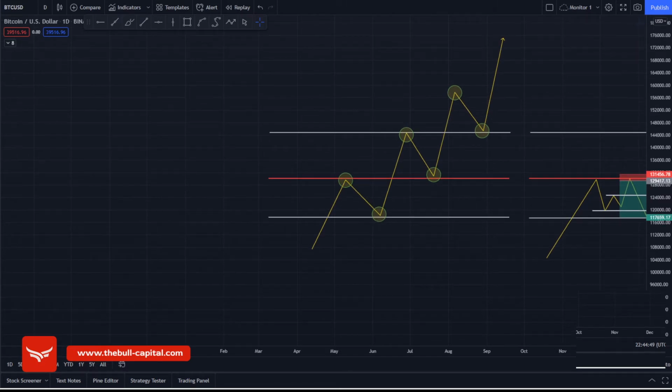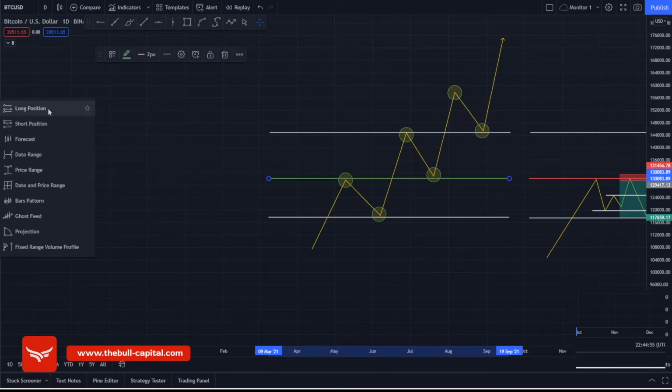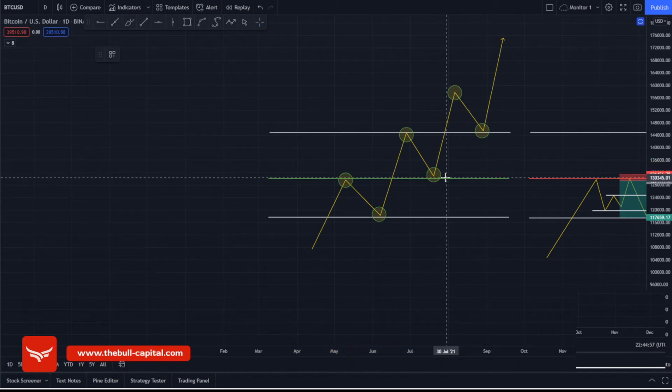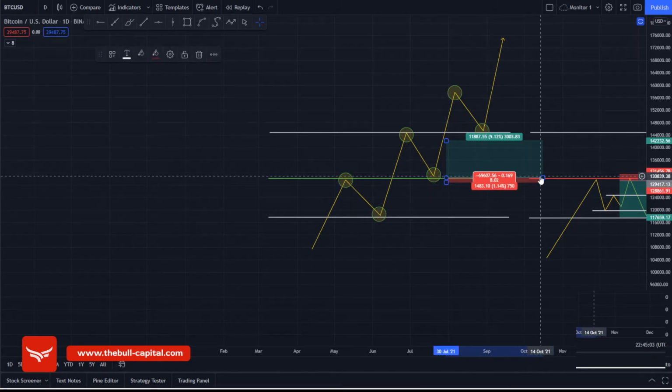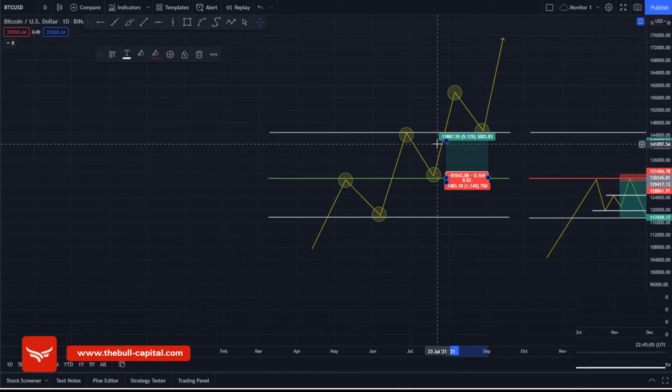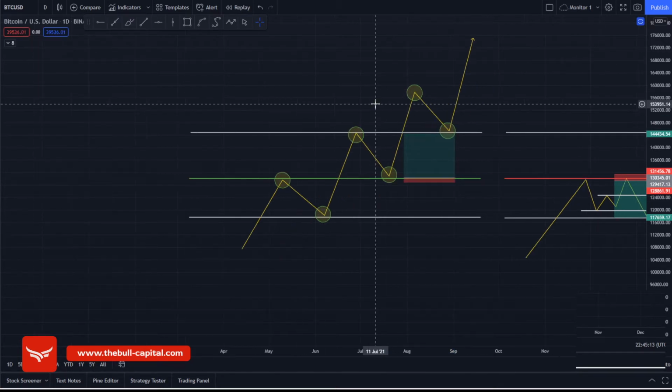We take a long when the price touches support, with the stop loss just below, and our final target is the top of the channel, meaning the main resistance.